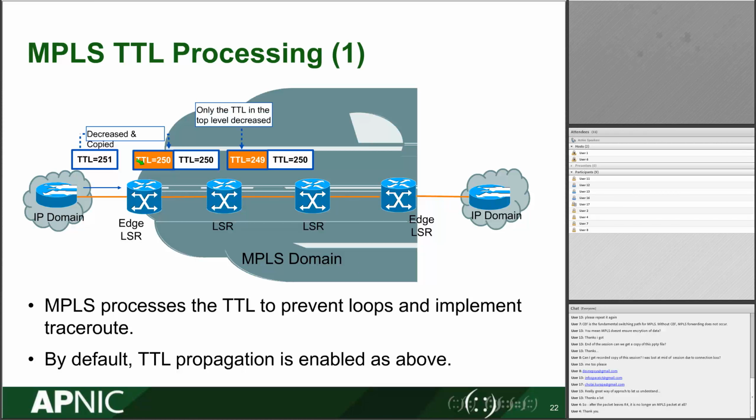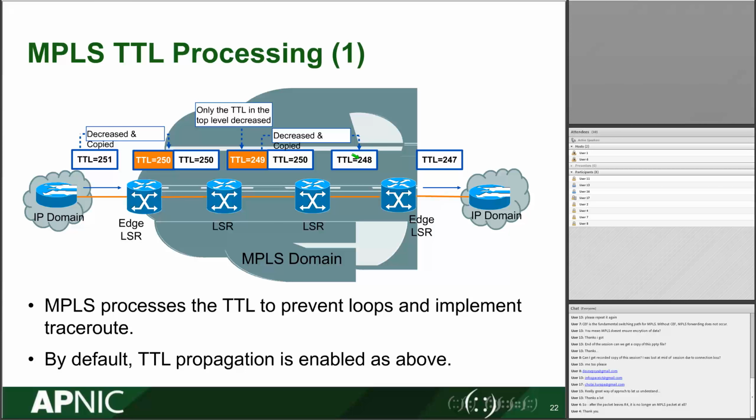So just copy the 251, decrease 1, and then copy it to the time to live in the MPLS label, and then only decrease the outside. And this is the penultimate hop, so he will decrease and copy it into the IP packet, and then continue.